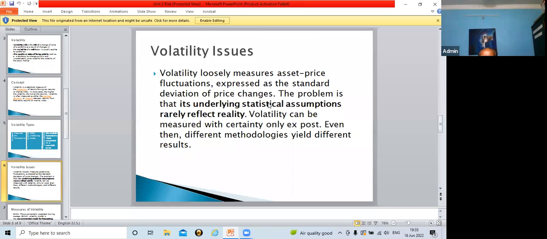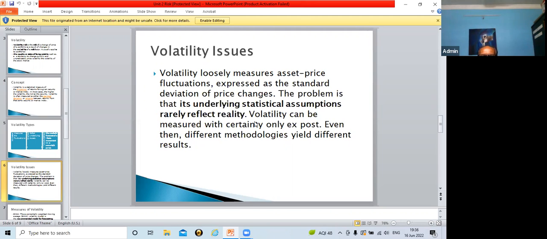Now, what is the problem? The problem is that its underlying statistical assumptions rarely reflect reality. And let me tell you, this happens in every area, whether it is the medical field, finance field or engineering field. Ultimately, we have some underlying statistical assumptions.